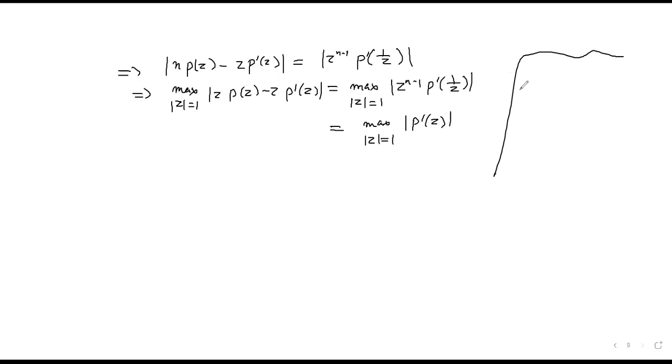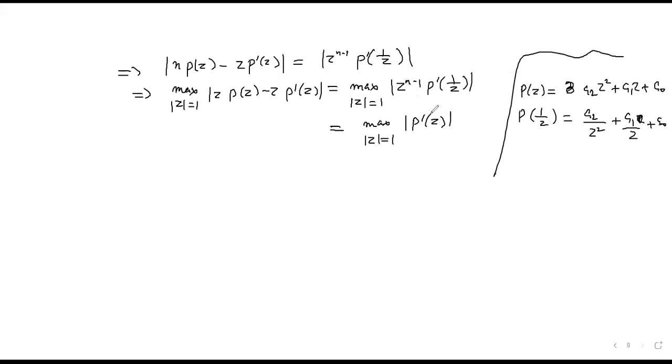चलो अगर तुम देखना चाहो, p of z is equal to, what do I have? चलो मैं एक सिंपल एग्जांपल लेता हूँ, क्वाड्रेटिक लेते हैं क्योंकि वो जरा जल्दी हो जाएगा. So what would be p of 1 by z? It would be a2 divided by z square plus a1 divided by z plus a naught.